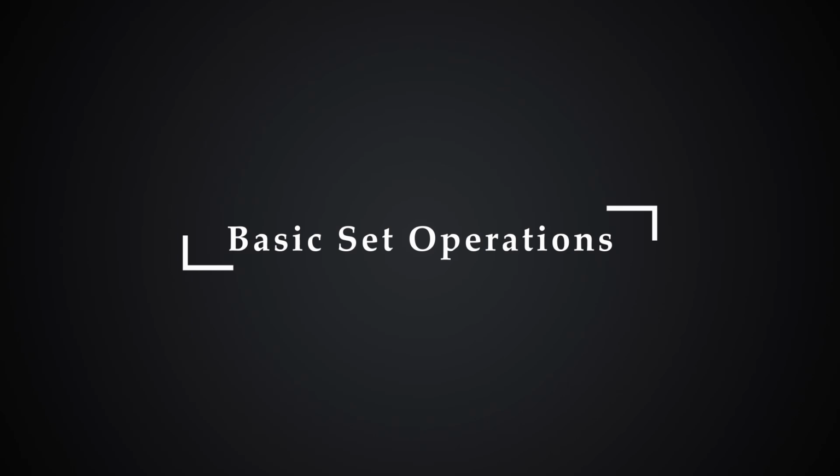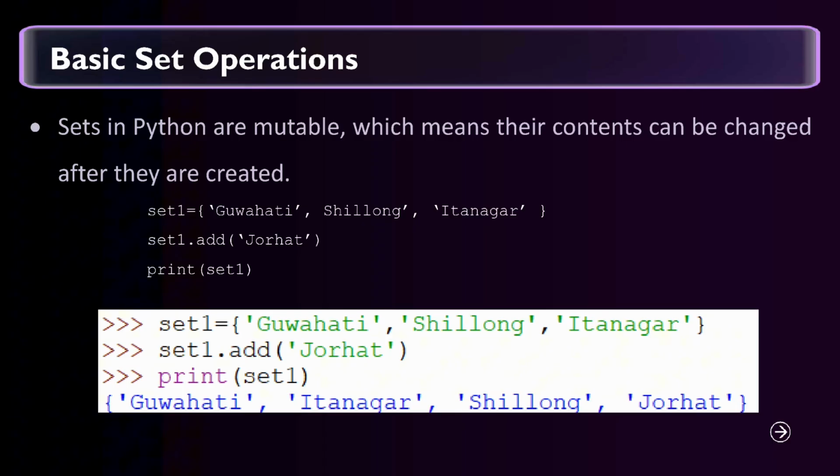Now let us work with some basic set operations. Sets in Python are mutable, which means their contents can be changed after they are created. Let us take an example. This set, set1, contains the name of 3 cities: Guwahati, Shillong and Itanagar.